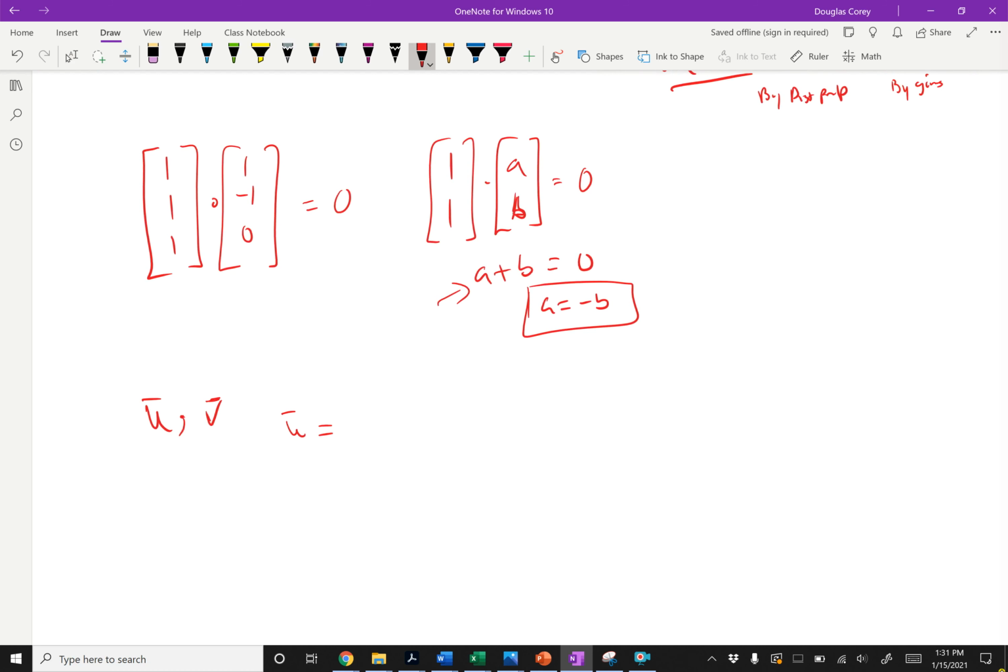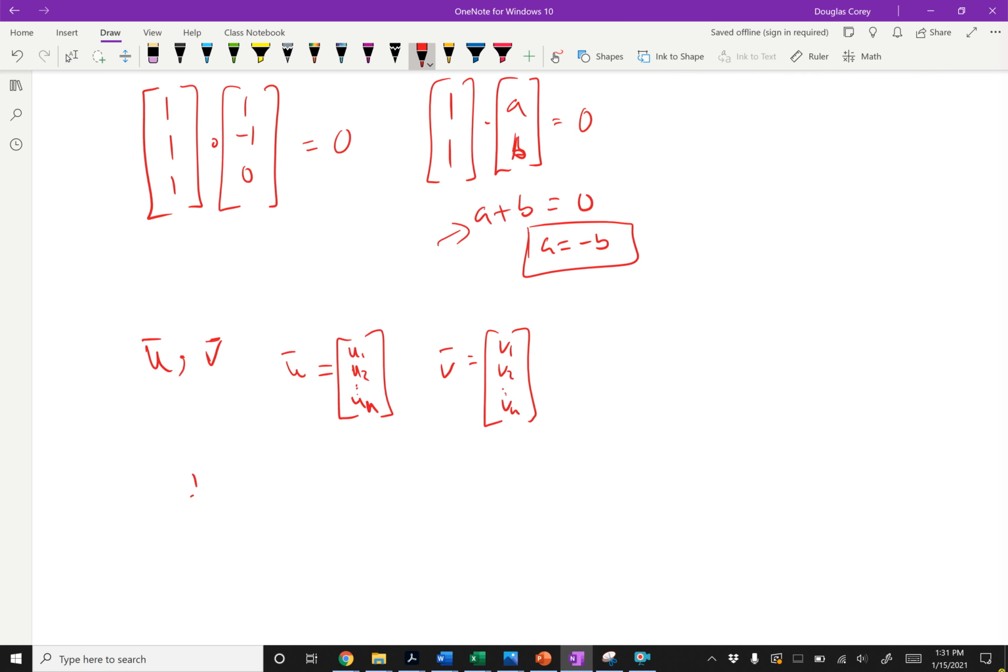So let's call u1, u2, dot, dot, dot, to un. And v is v1, v2, dot, dot, dot, to vn. And then when you start working, like if you have an expression like 1/4 the norm of u minus v, those are vectors, squared, then you can start translating those into these individual things. Well, that means 1/4.